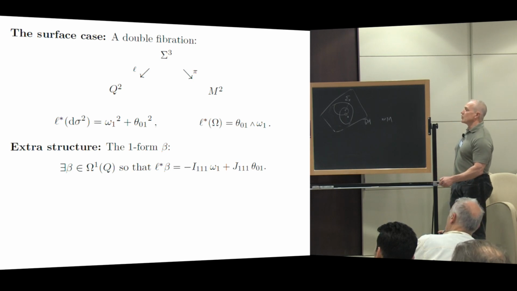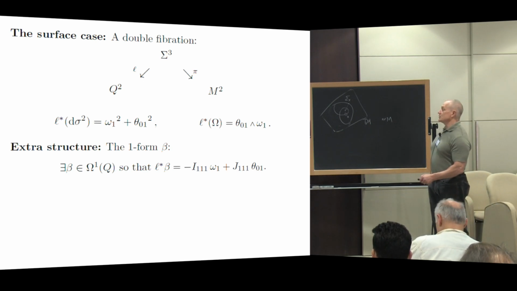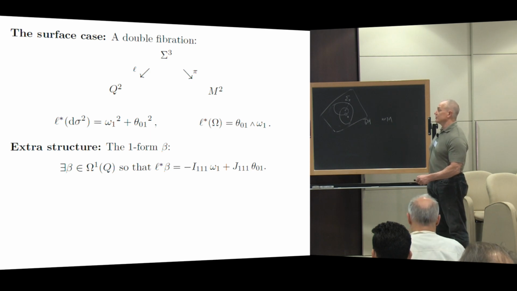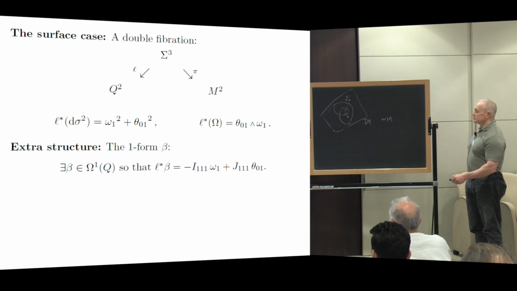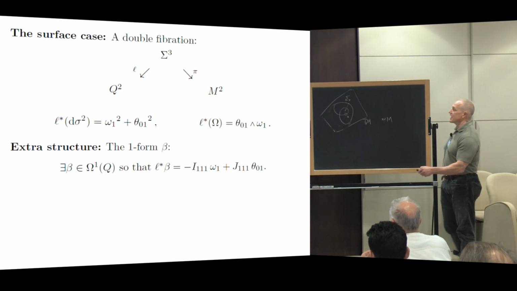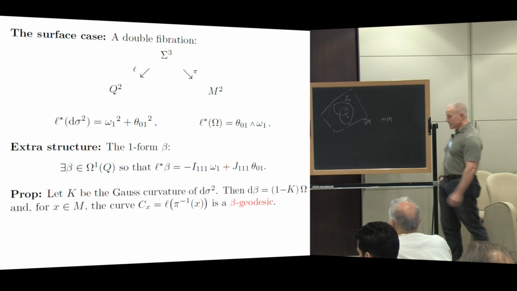That is, there is a 1-form on Q so that it pulls back to be this guy up on sigma 3. It's easy to compute. For one thing, it's semi-basic, and when you take its exterior derivative, you find out the exterior derivative is a multiple of this guy, and we'll see which multiple it is. So it's semi-basic, its derivative is semi-basic, so it's actually basic. The fibers here are connected, so there's actually a 1-form down here that's well defined.